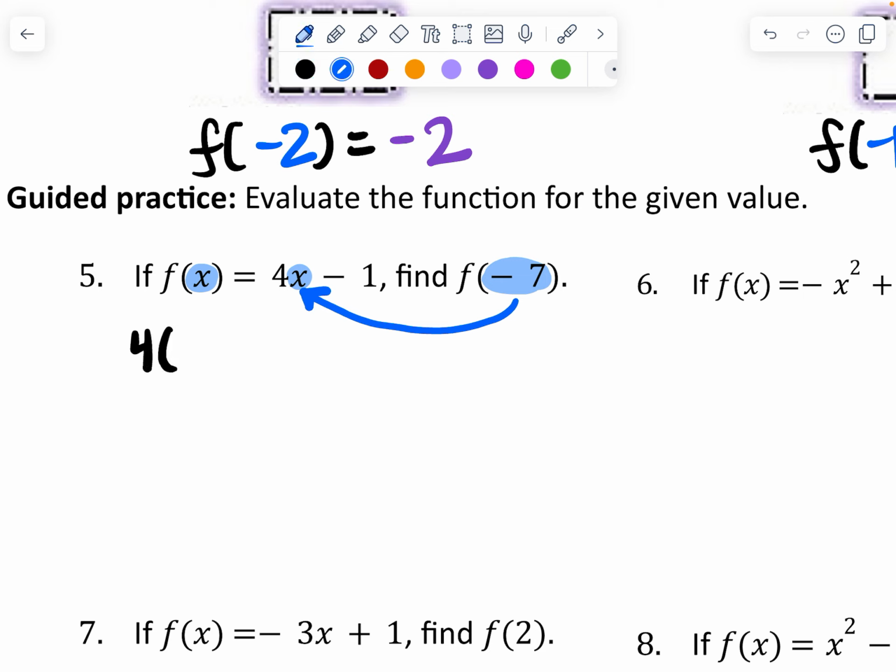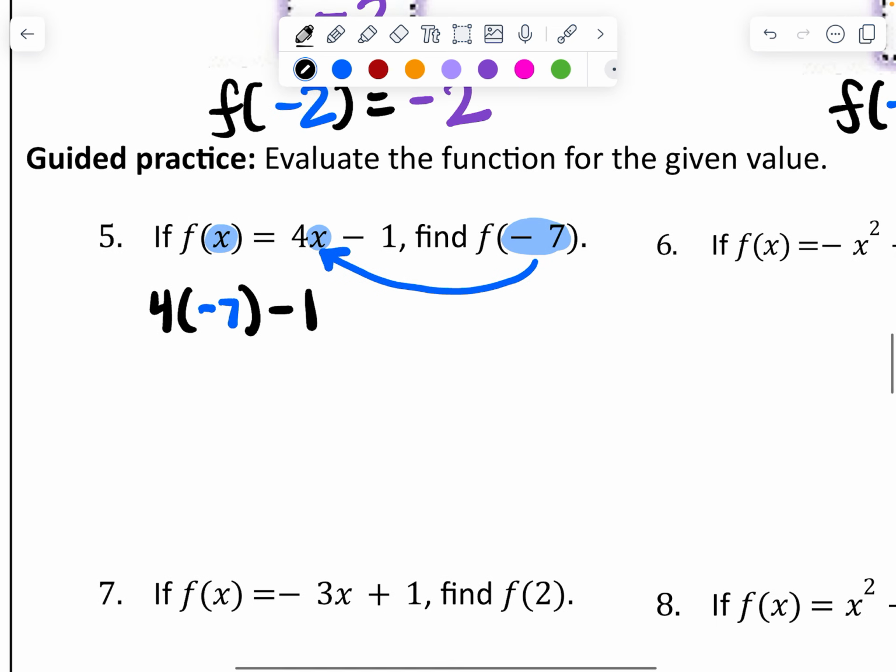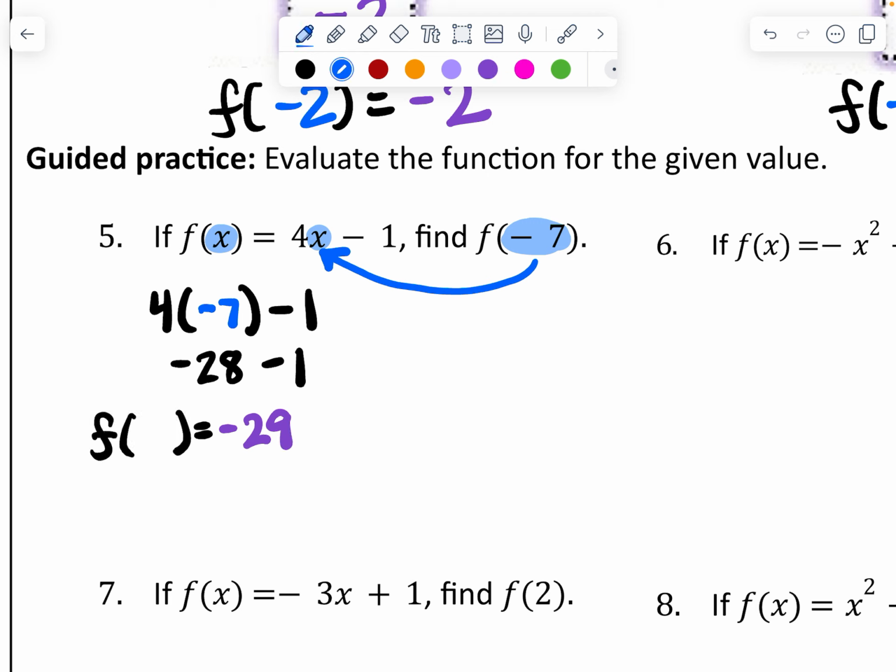F of -7 would be 4 times -7 minus 1. Now, if you put that into your calculator, you'll get your answer, or we can do it by hand. I'm going to multiply 4 times -7. That gives me -28 minus 1. That's going to give me -29. So in function notation, f of -7 equals -29.